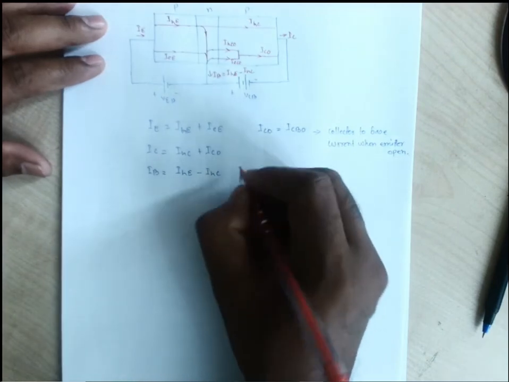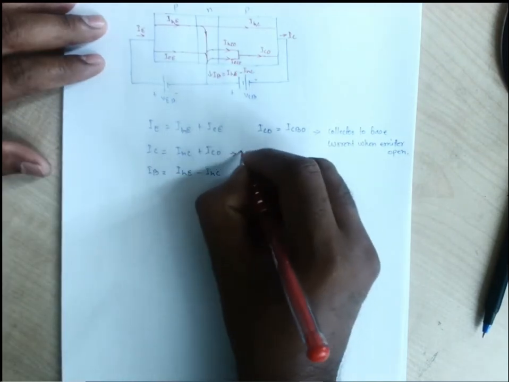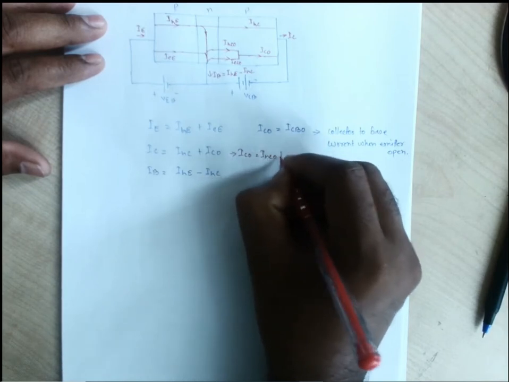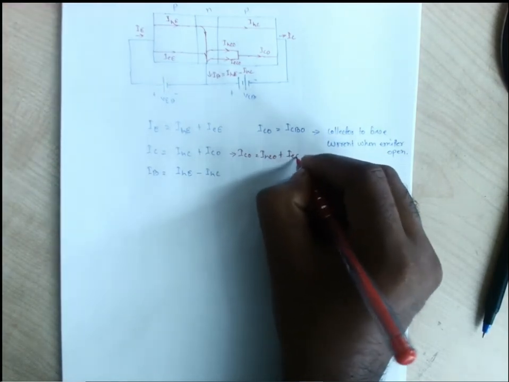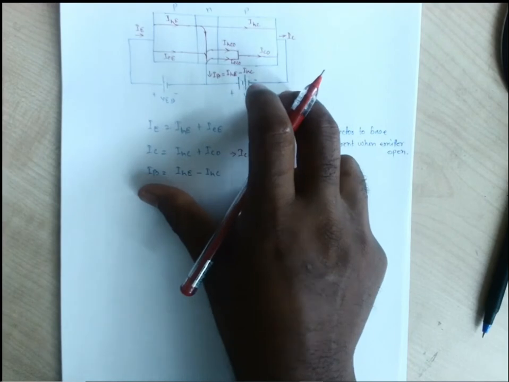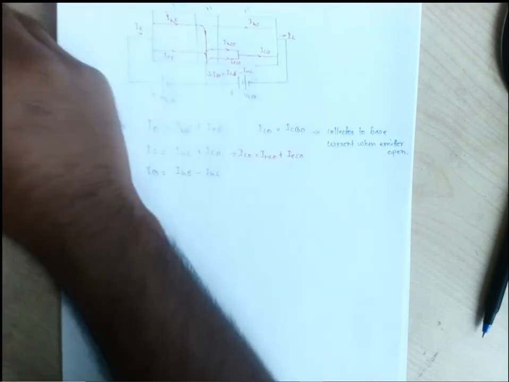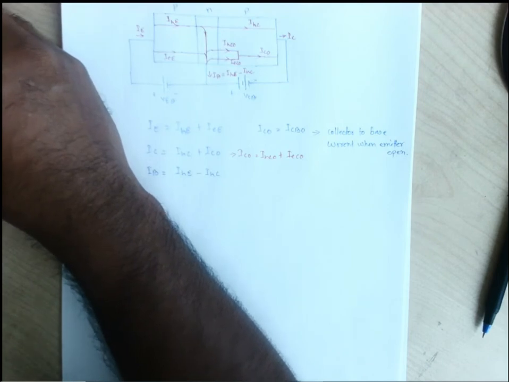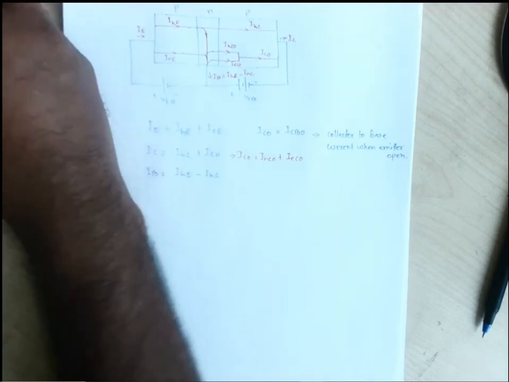And what is this ICO? This ICO will be IHCO plus IECO. The same way we can take out the different current components in the NPN transistor as well.